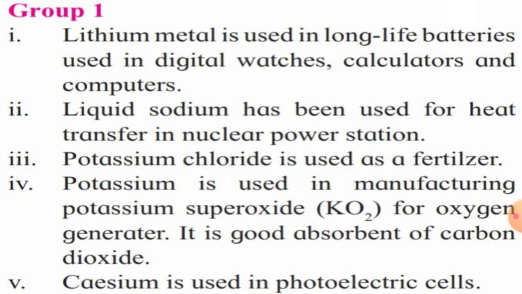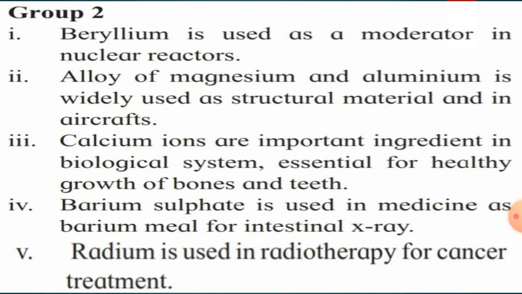Now, uses of group 2. Beryllium is used as a moderator in nuclear reactors. An alloy of magnesium and aluminium: what is an alloy? It is a combination of two or more metals.